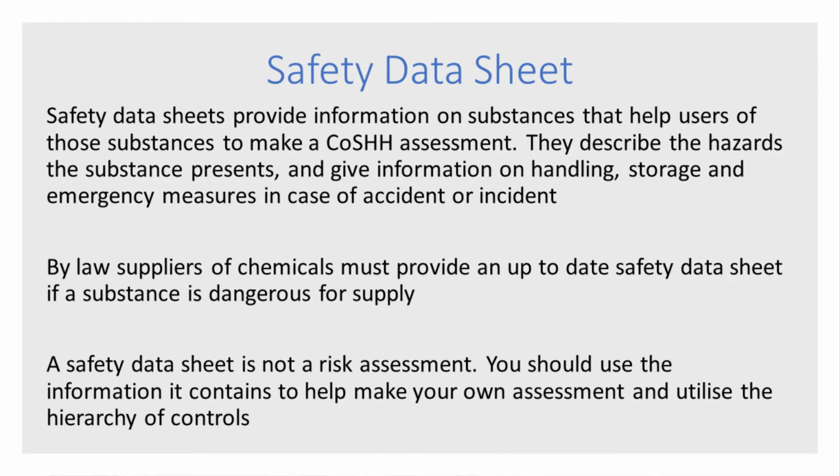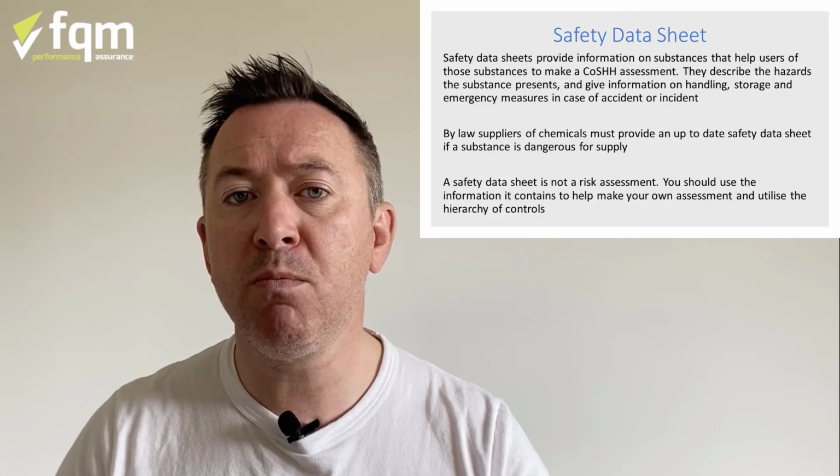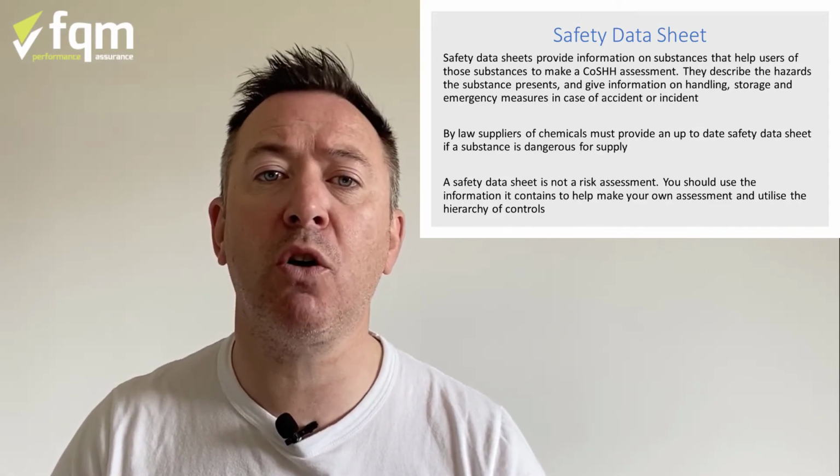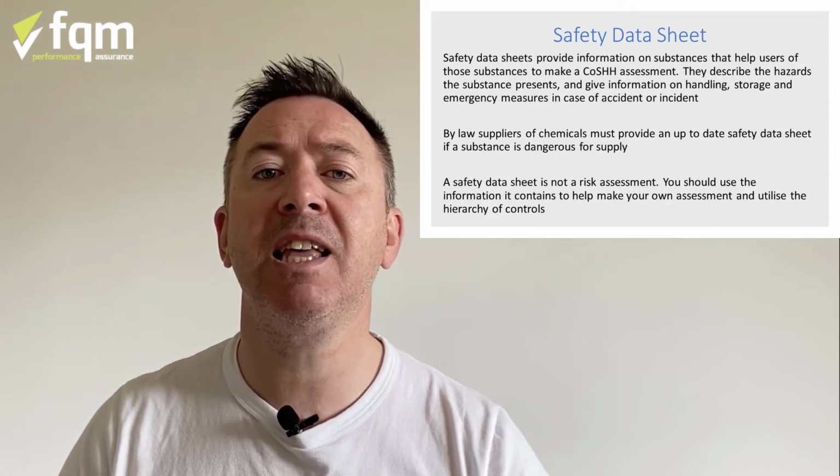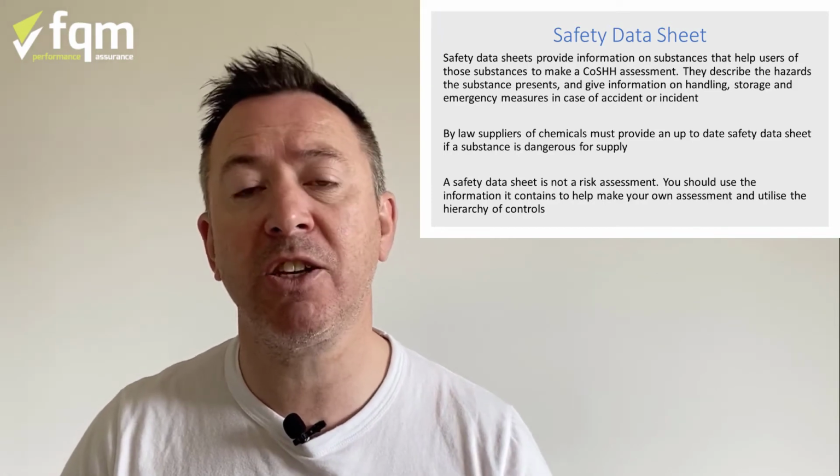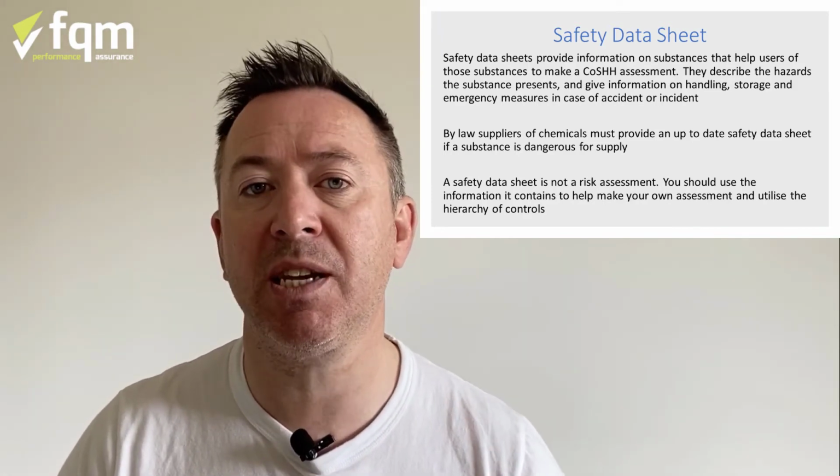But remember, by law, the supplier of these substances must provide this safety data sheet to us, and we must ensure that when we change our substances, we always get a copy of the updated or new revision of the safety data sheet. One of the most important failures that organisations make is they believe that the safety data sheet is their risk assessment.